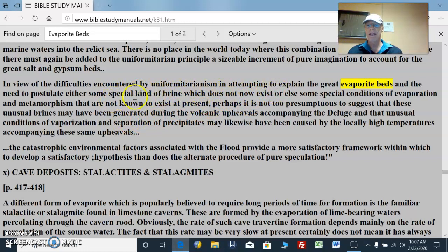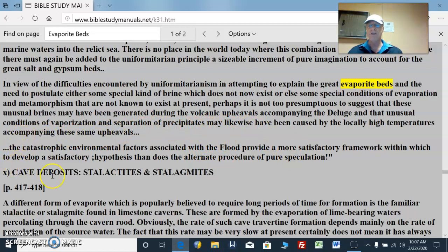the need to postulate either some kind of brine which does not now exist, or some special conditions of evaporation and metamorphism that are not known to exist at present, perhaps it is not too presumptuous to suggest that these unusual brines may have been generated during the volcanic upheavals accompanying the deluge, and that unusual conditions of vaporization and separation of precipitates may likewise have been caused by the locally high temperatures accompanying these same upheavals.